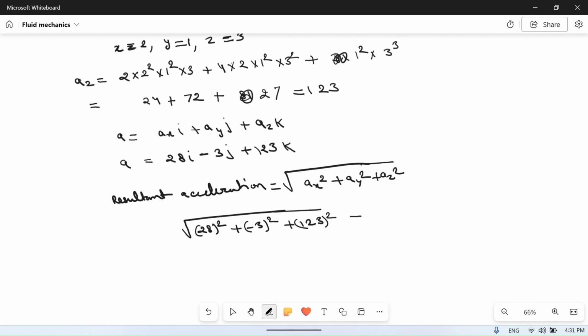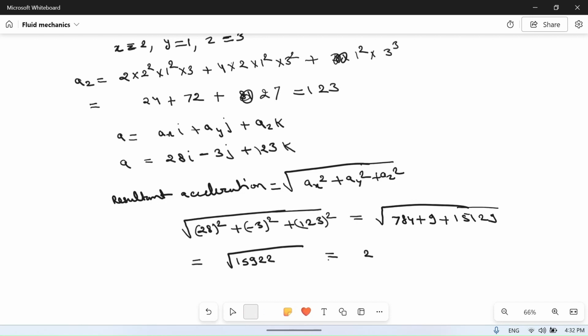Okay, so it will become 28 square is 784 plus 3 square is 9 plus 15129. So it will become under root 15922. So it will become 126.18 units. So this is the value of resultant acceleration.